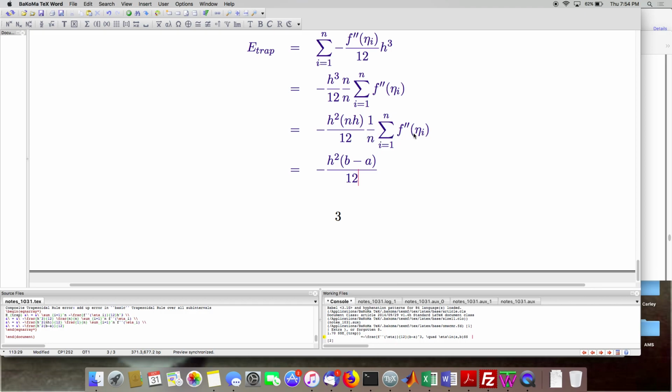If I'm summing n items and multiplying by 1 over n, what is that? That's the mean, or the average of these values. Now, if we assume that f double prime is continuous on [a, b], then by the intermediate value theorem, f double prime is equal to its own average of these values somewhere on [a, b], because the average would be an intermediate value to all of these.